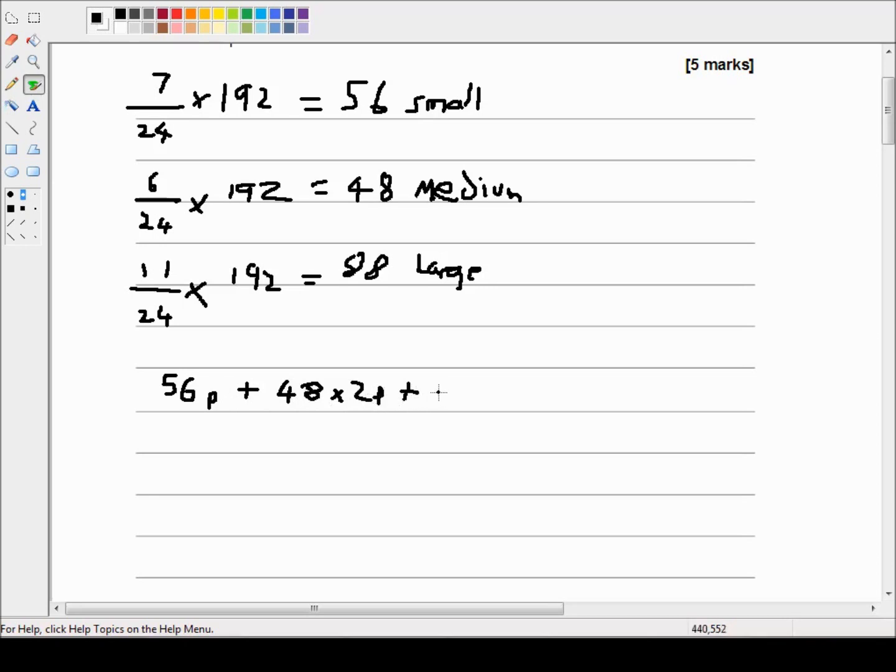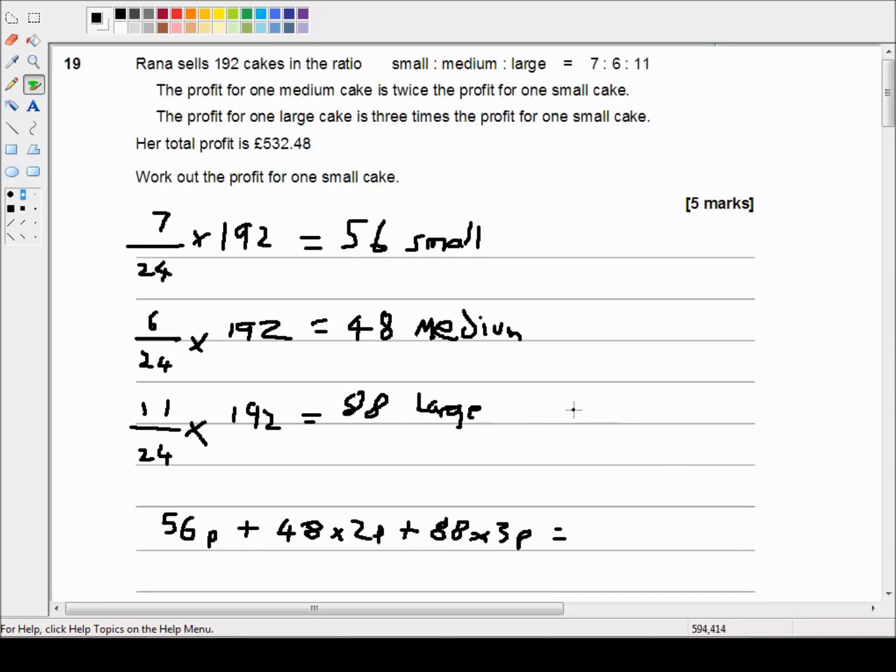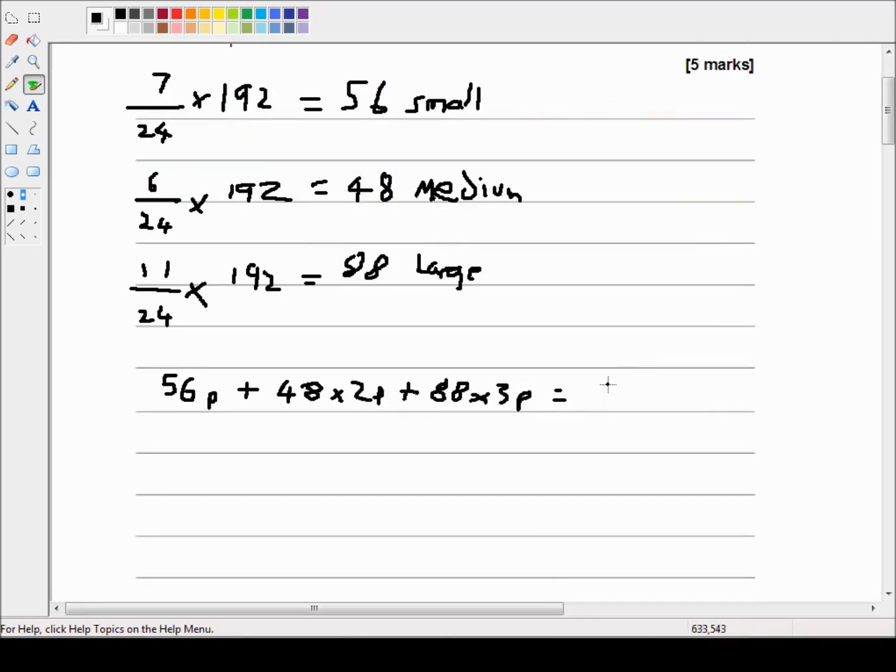Plus 88 large cakes at a profit of 3p. Not 3 pence, 3 times the profit, which is an unknown variable, which is equal to £532.48.